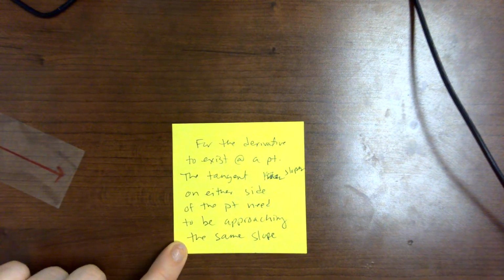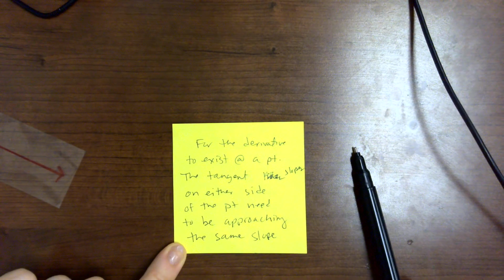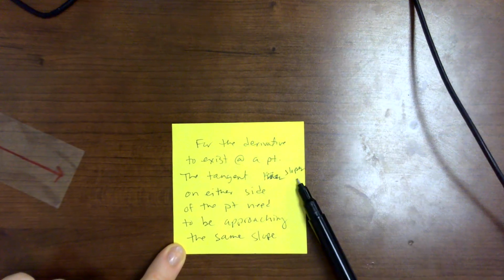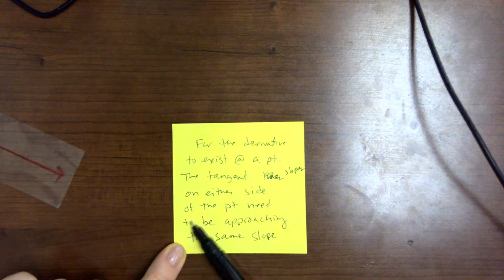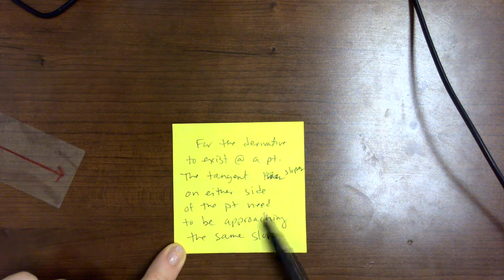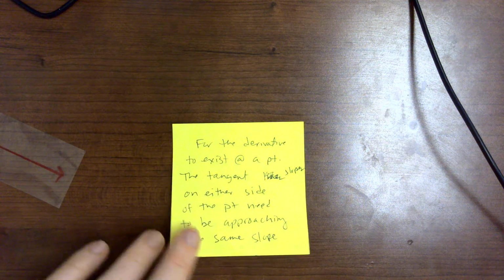For the derivative to exist at a point, the tangent slopes, which is the derivative, on either side of the point need to be approaching the same slope, okay?